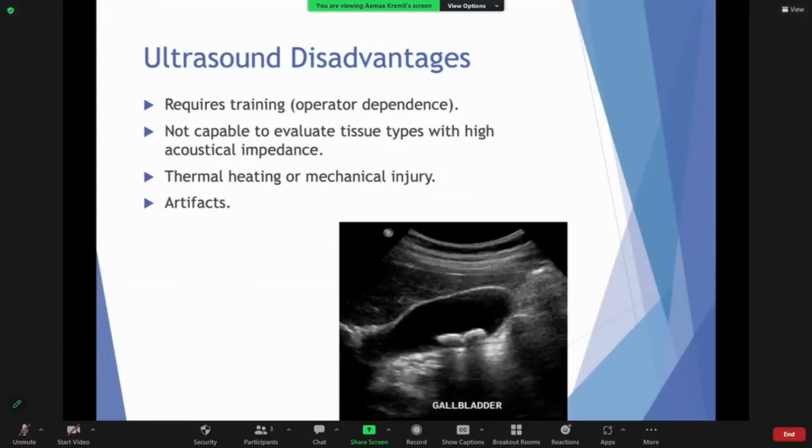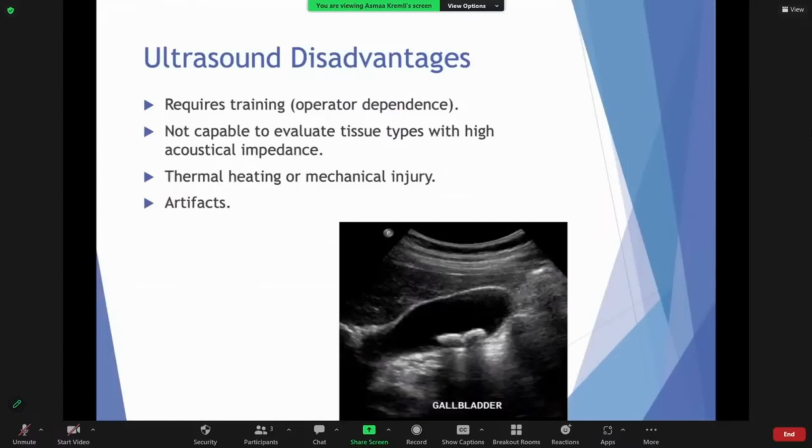Second disadvantage, that the ultrasound is not capable of evaluating tissue types with high acoustical impedance, for example, bone and air. It is also limited in evaluating structures encased in bone, for example, brain parenchyma.